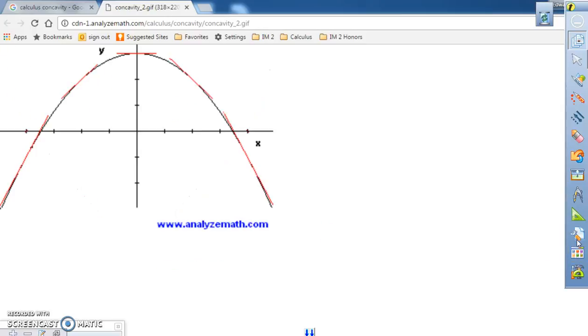Okay, here the slope is positive, less positive, 0, negative, more negative. So the important thing to note is that f prime is decreasing.